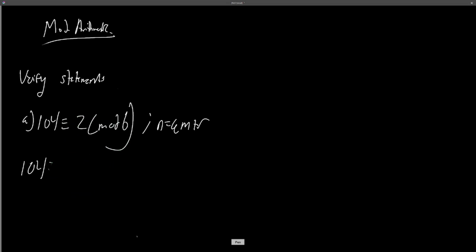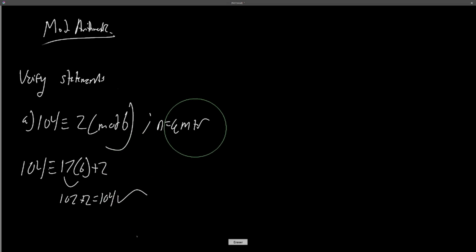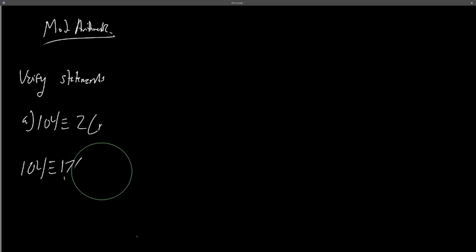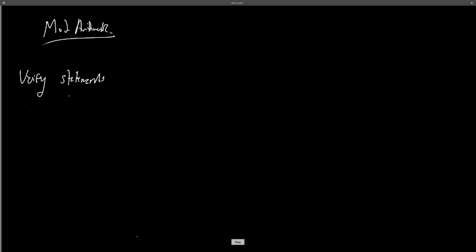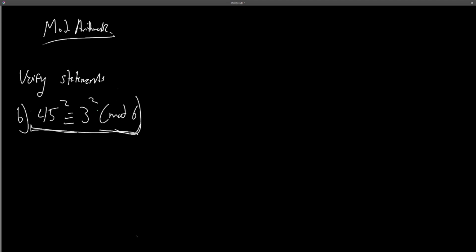I am so sorry. 104 divided by 6. See, even I mess up, guys. So we have 17 multiplied by our mod plus 2. So what's 17 times 6? 102 plus 2, that's 104. So these are pretty easy. You might encounter something like this.